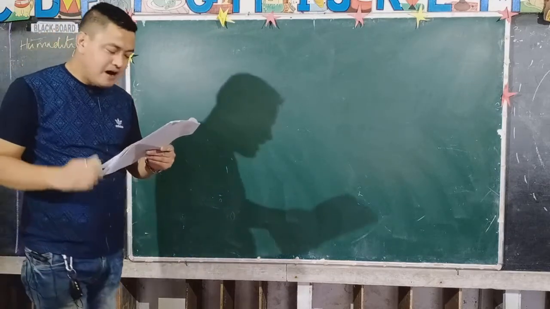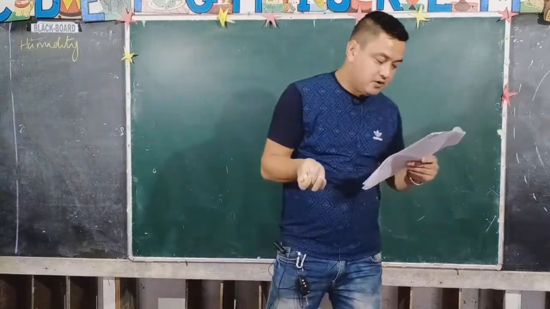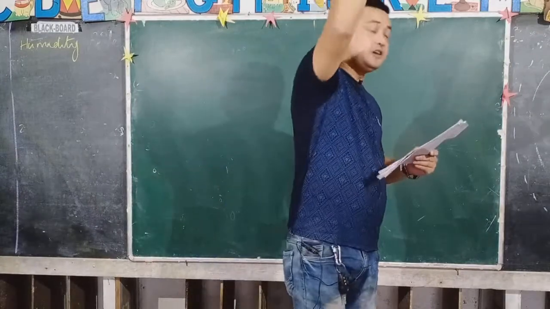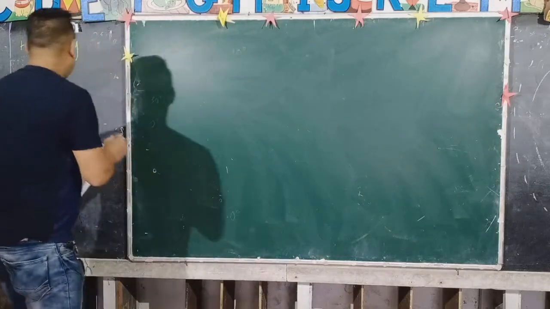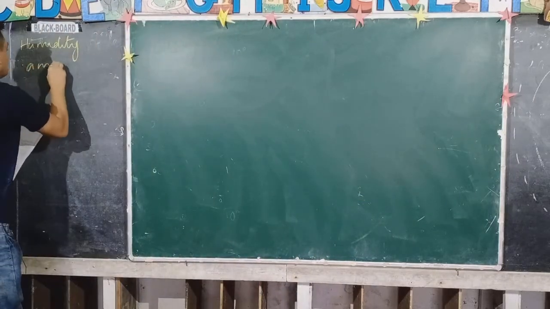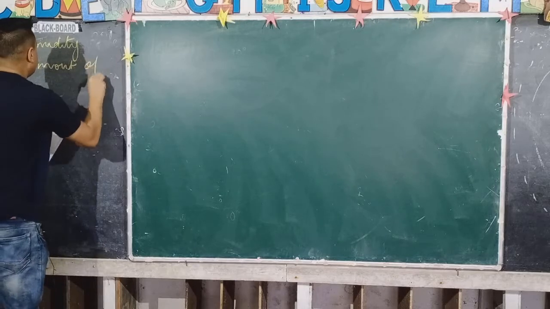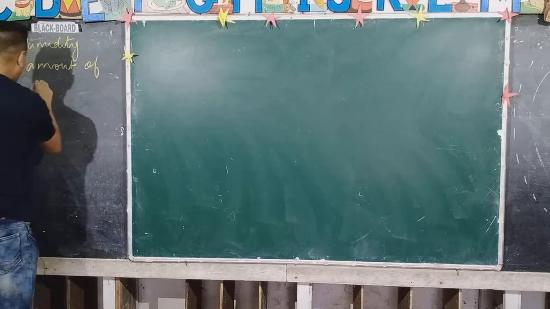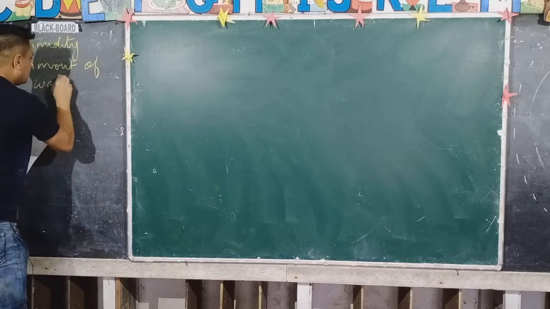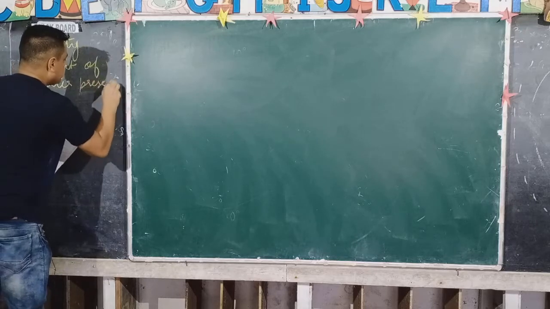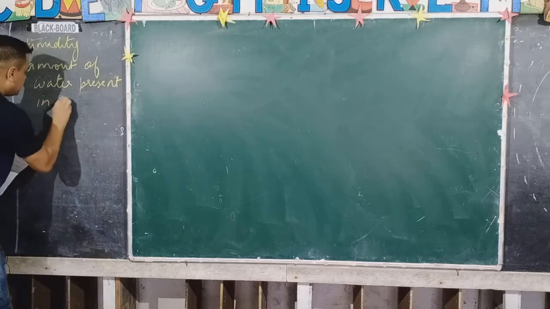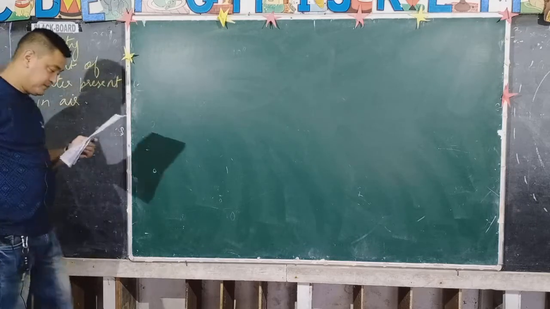Humidity is the amount of water or water vapor present in the air. How much water is present in the air or in the atmosphere is known as humidity. So the amount of water present in air is known as humidity.